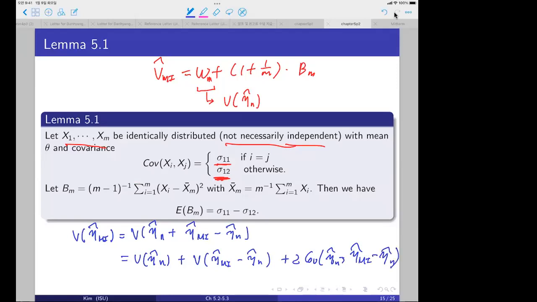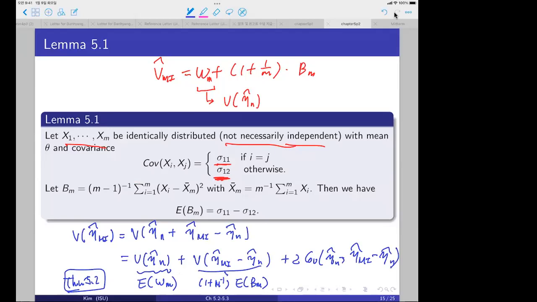Okay, so this theorem 5.2 basically says this is the expectation of the Wm, and this one is the expectation of 1 over m times the variance, expectation of Bm. So what we showed is this one.